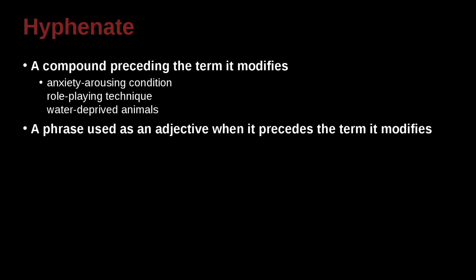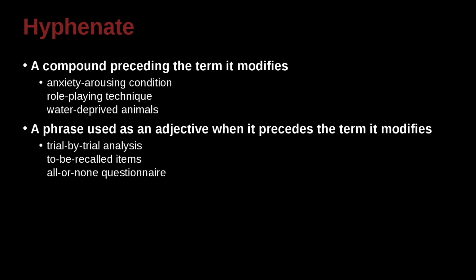A phrase used as an adjective when it precedes the term it modifies, such as trial-by-trial analysis, to-be-recalled items, all-or-none questionnaire. So again, same idea, we're trying to put them together as an adjective, and it's describing the items or the analysis or the questionnaire.